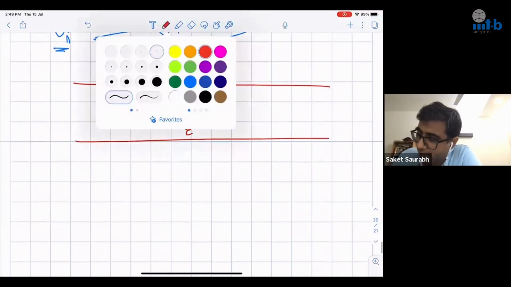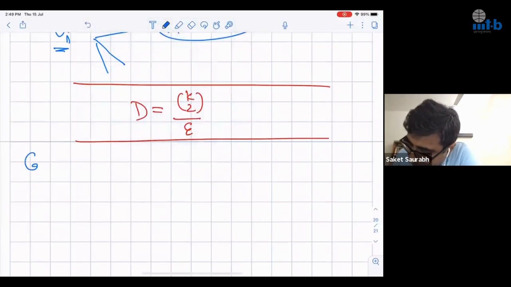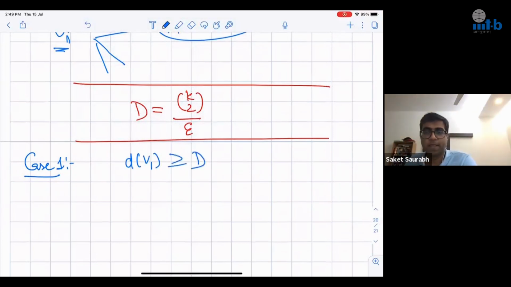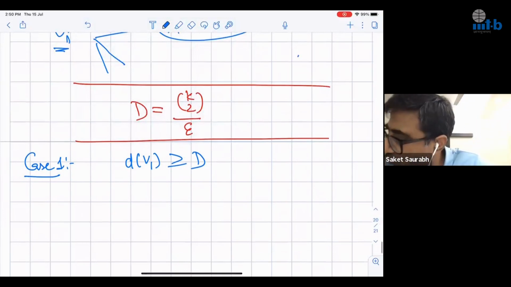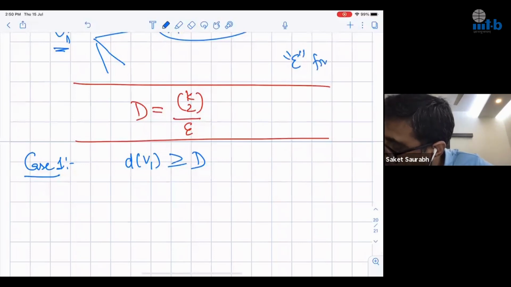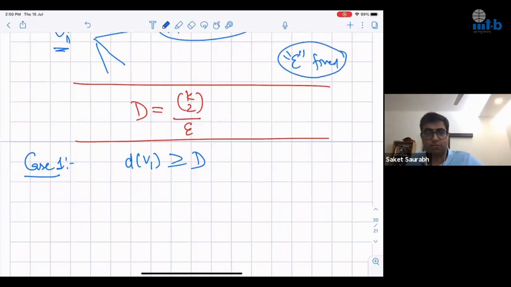Now let's see what happens in the first case. I say the degree of V1 is greater than or equal to d. So the first vertex has degree proportional to this, and epsilon is something which you have fixed. I will tell you what epsilon will be.